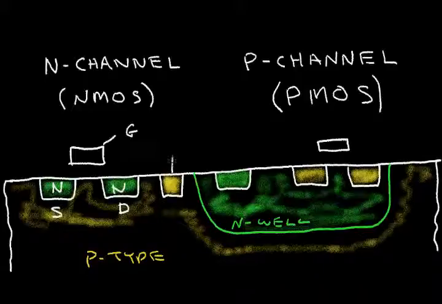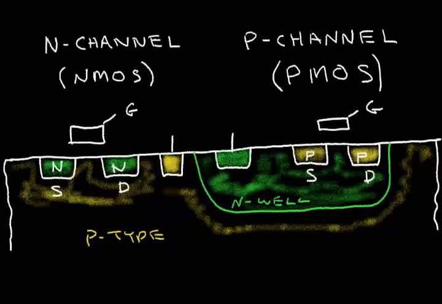This is a contact to the P-type substrate. This is a contact region to the N well. This is P-type material. This is the gate. And this P-type material forms the source and drain. So I'll call this the source and this the drain region.